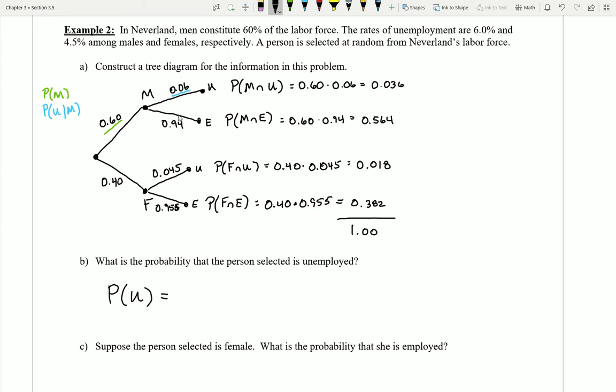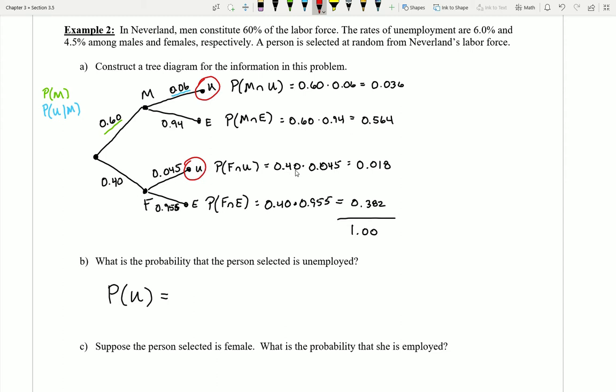Well, notice here that really what I'm going to be interested in finding is all of the times when I would have ended along this U branch. Notice that I would say that I'm interested in all the males that are unemployed, and to get there, that's a total of 0.036. I want to know all the females that are unemployed, so how do I get there?